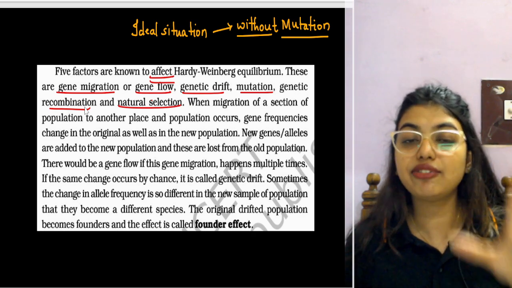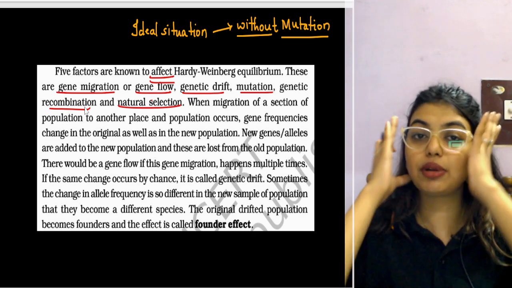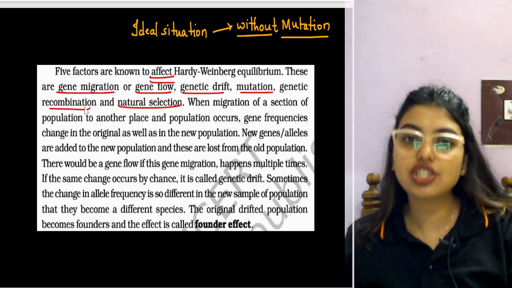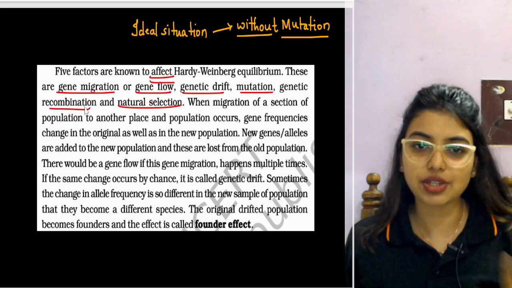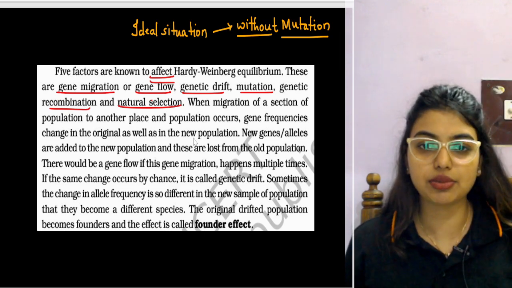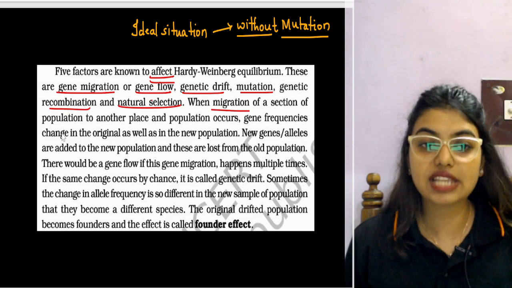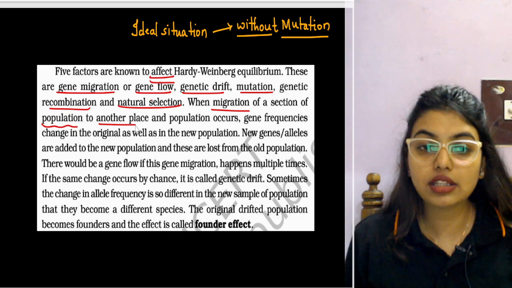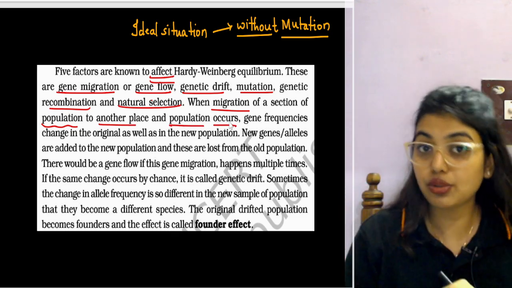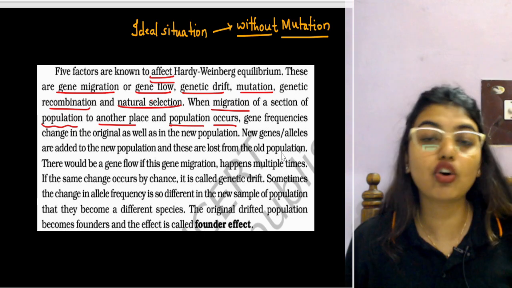These are the five factors that can affect the Hardy-Weinberg principle. From this you can understand that if mutation is not happening, it is a total ideal situation. When a section of a population migrates to another place and population, gene frequencies are added to the new population and are lost from the old population.